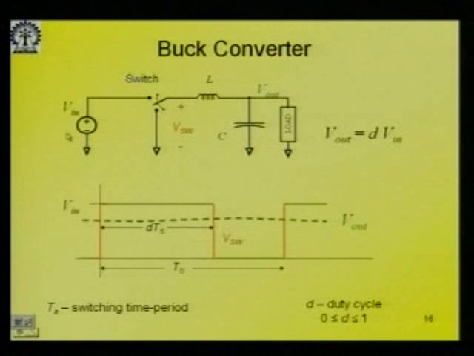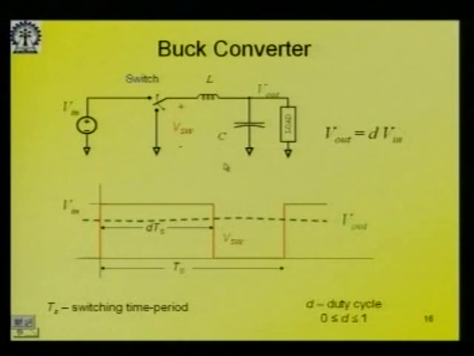Now, we come to a different kind of circuit, where we actually try to improve the efficiency compared to what we could get earlier. This circuit is typically called a buck converter. In what way is it better than the earlier circuit? Let us try to understand.